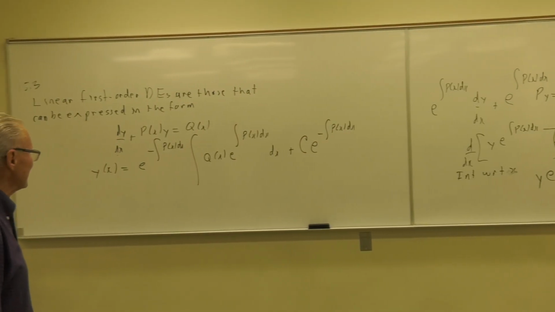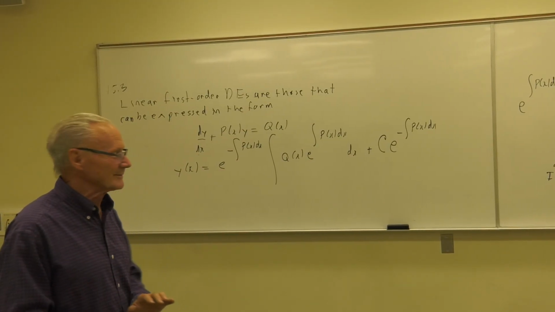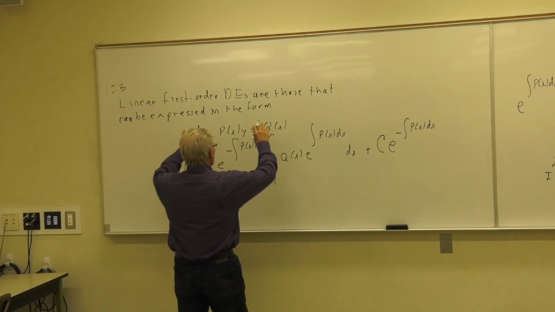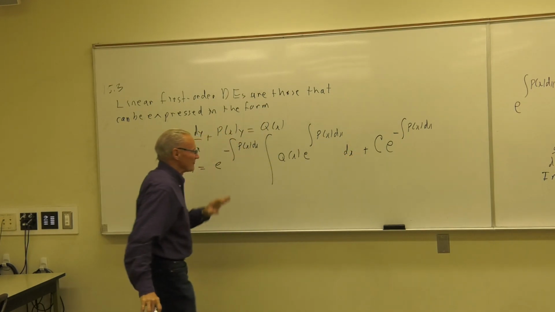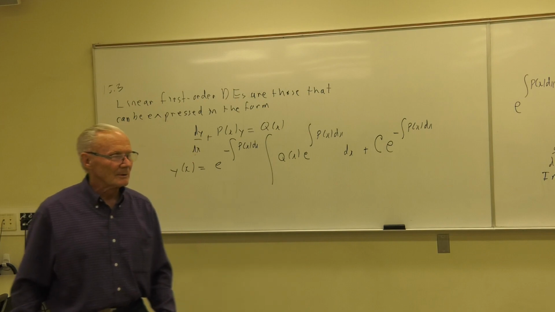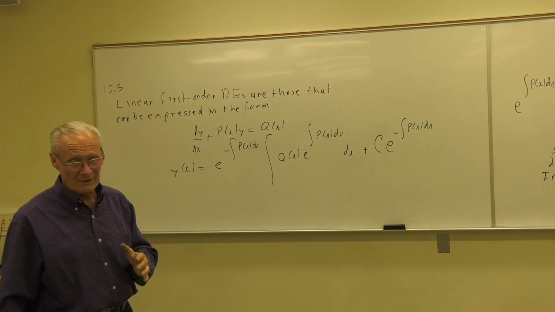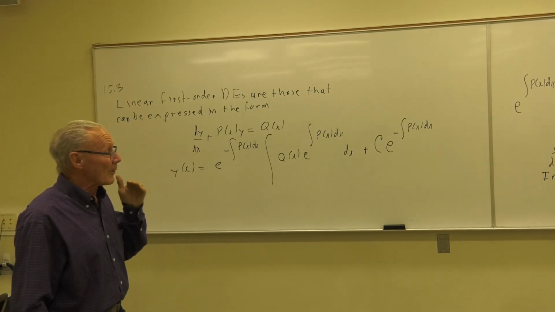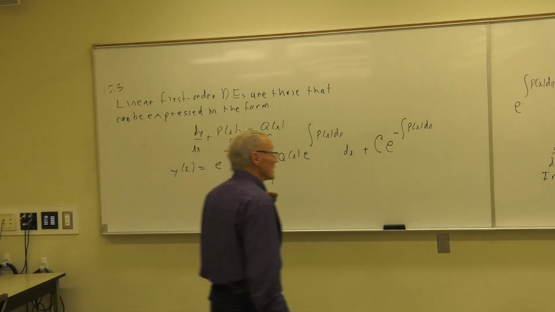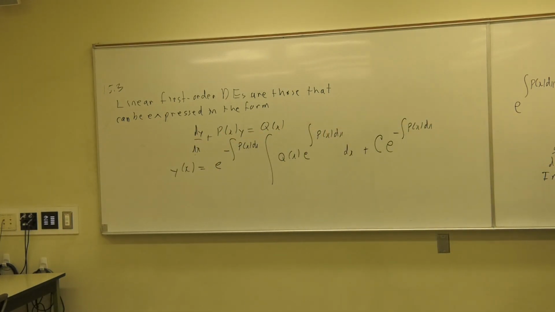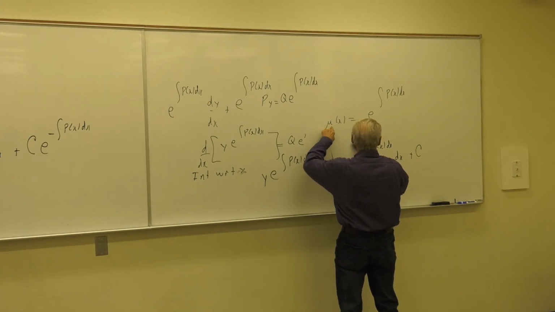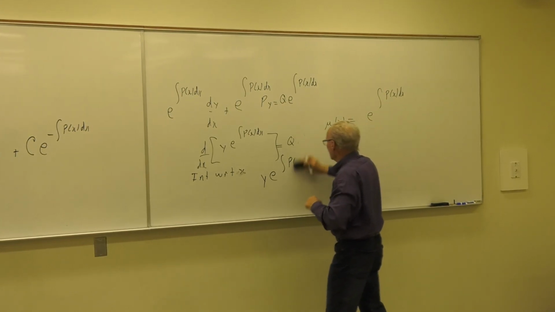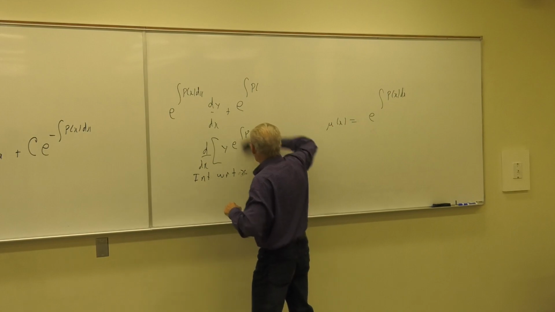I've got you, if you like, a formula. If you're given a differential equation that's written in this form, you can say, there is a formula for the answer. I do not recommend that you memorize formulas. What I recommend here is that you remember this, that mu is equal to that. That's what you remember. That the mu function is that.